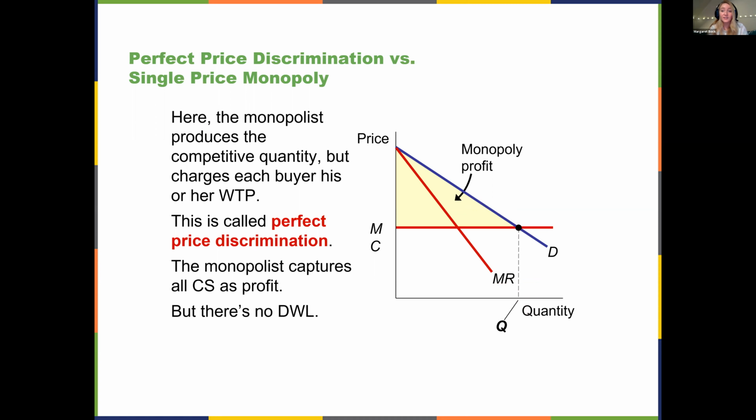And because of this perfect price discrimination, there's no deadweight loss. The monopolist is producing enough for the maximum number of people to potentially benefit, to potentially consume this product.